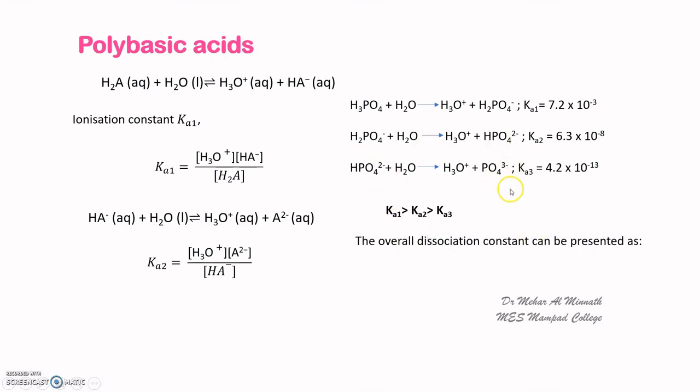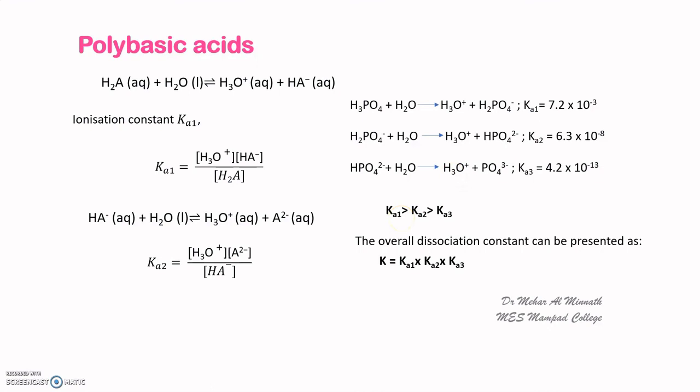Now the overall dissociation constant of this acid will be the product of Ka1, Ka2 and Ka3. That is, K will be equal to Ka1 into Ka2 into Ka3.